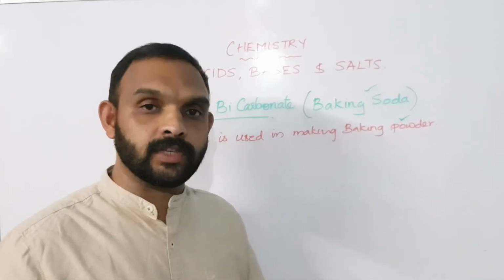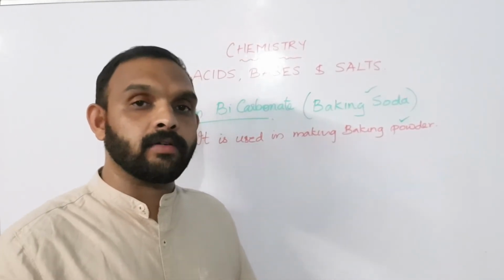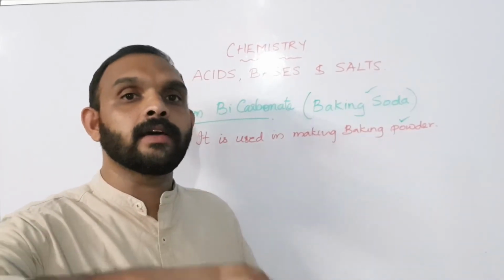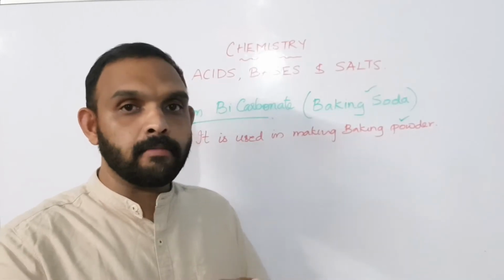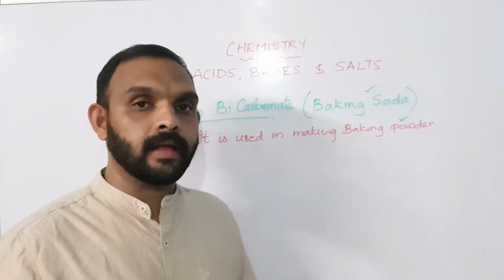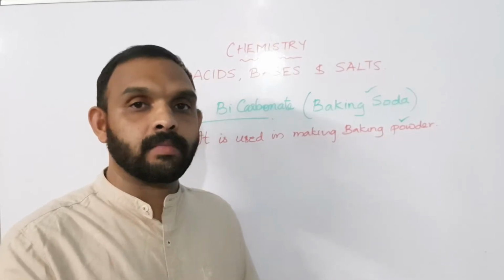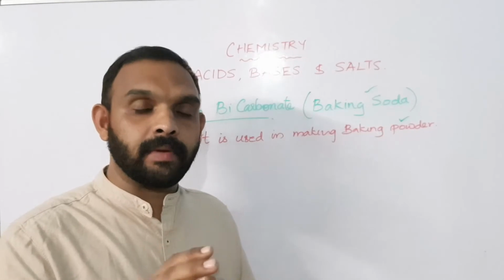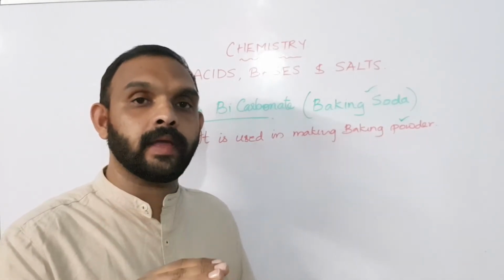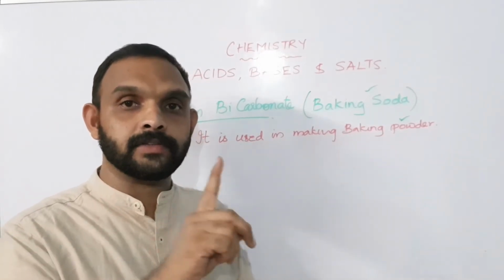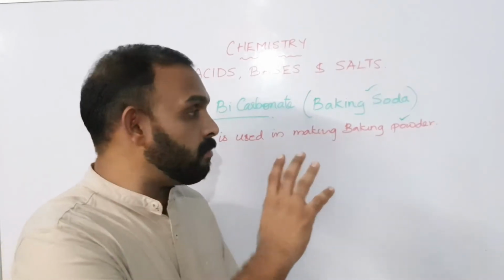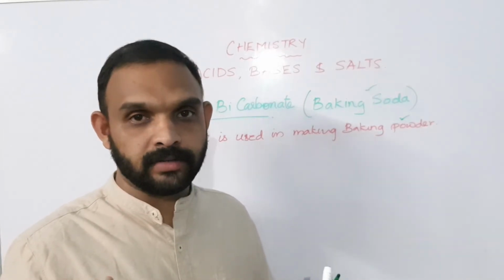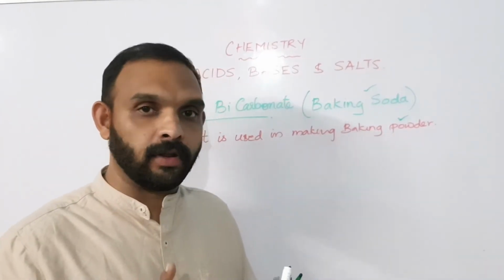This carbon dioxide tries to escape out, and because of that the small dough of cake will rise and look like a big one. The sodium carbonate produced remains there, and it is neutralized by the edible acid inside the baking powder. If it is not there, the cake will taste bitter. So I hope it is clear to all of you.